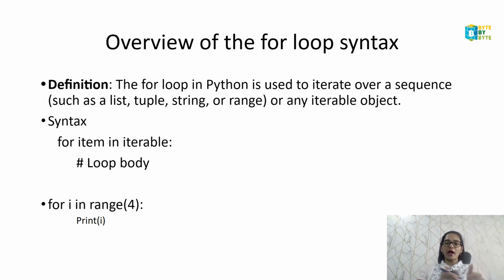Just as the teacher has an attendance book, a for loop has iterables. So until your iterable has values, your for loop will keep on running and running. Whenever there is no value left in the iterable, it will come out of the loop.